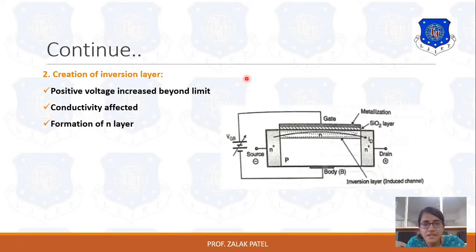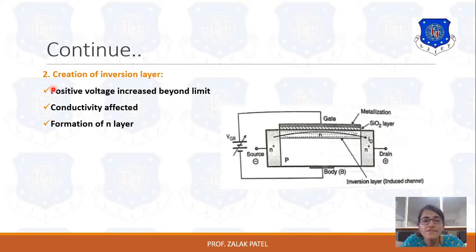As we discussed in the previous point, the creation of depletion region is because of the minority carrier electrons, which are attracted towards the gate terminal, and because of that the depletion region is created. At that time electrons are minority carriers and holes are majority carriers.